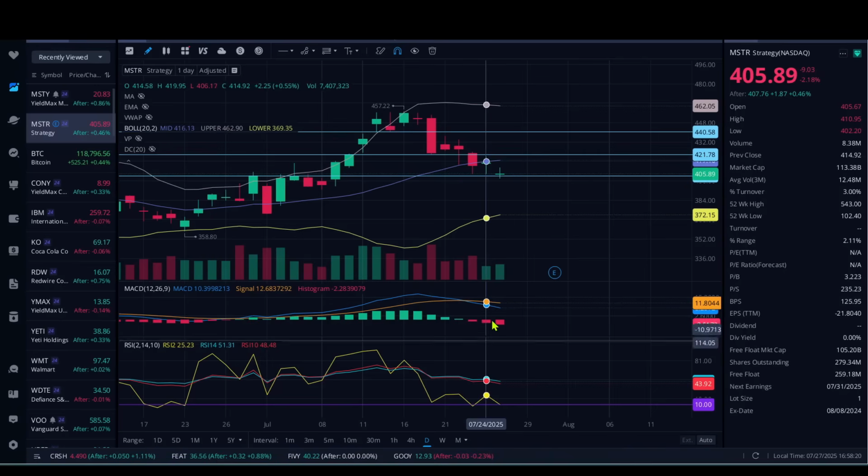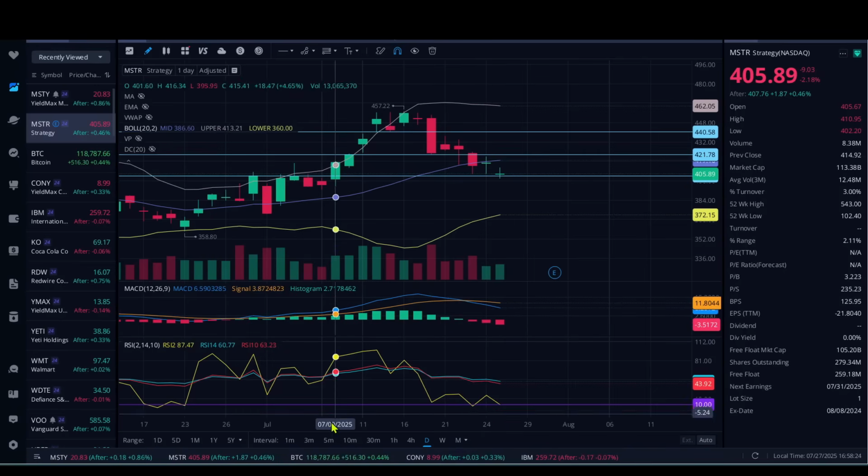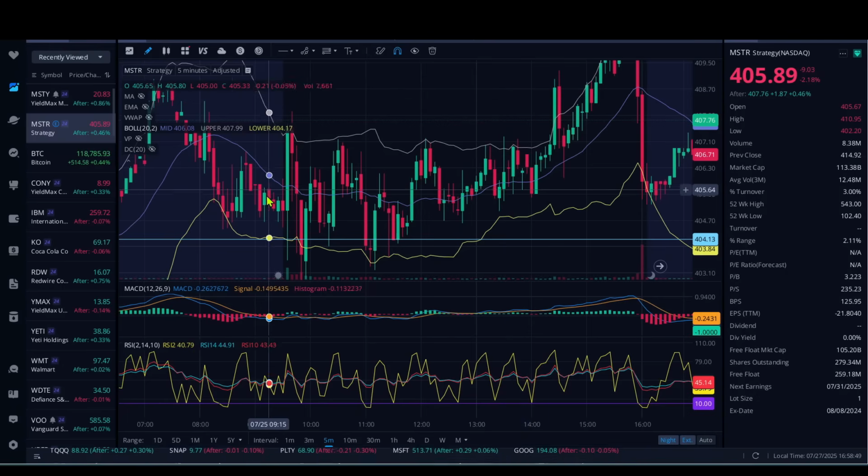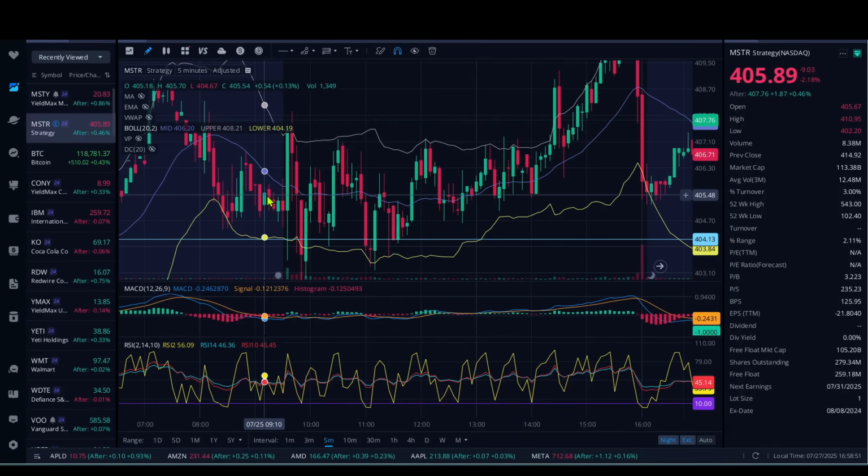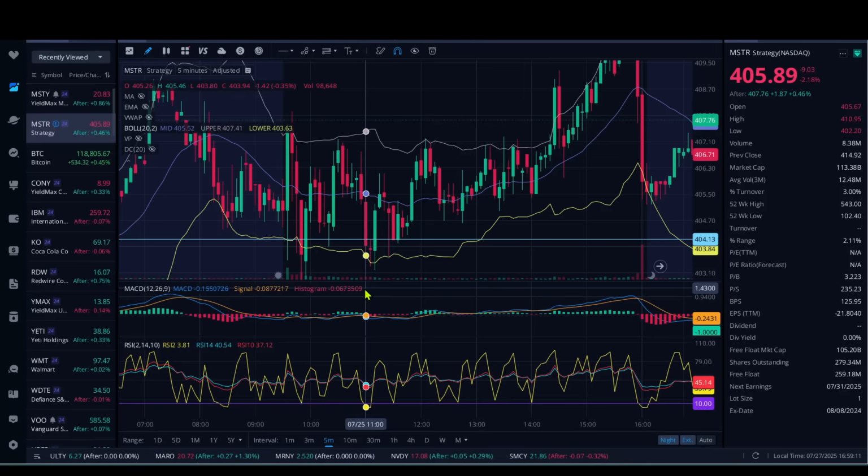And if I look at the 5-minute chart, I can show you a little bit better what I mean. All right, so here we are on the 5-minute chart, and I had put my order of 403 in at about 11:01. So if we hover over here, right there's the 11 o'clock, and it got as low as 403.80, right?